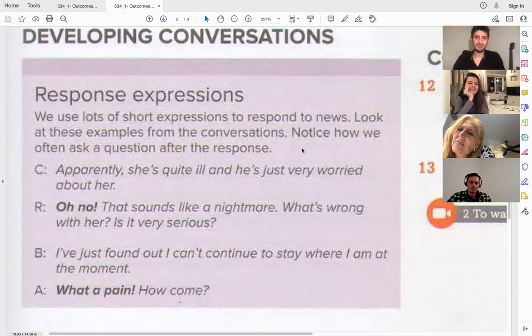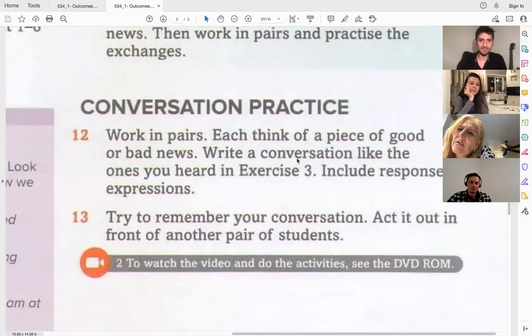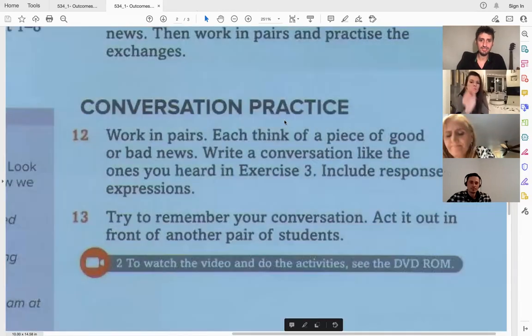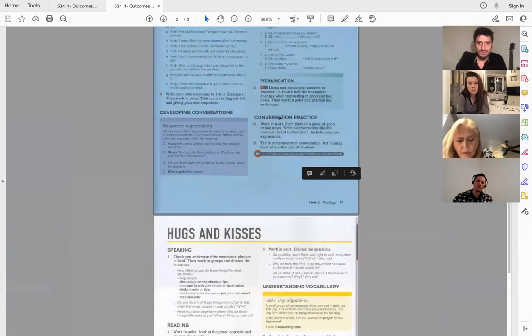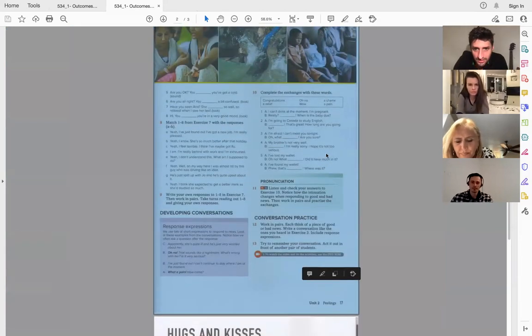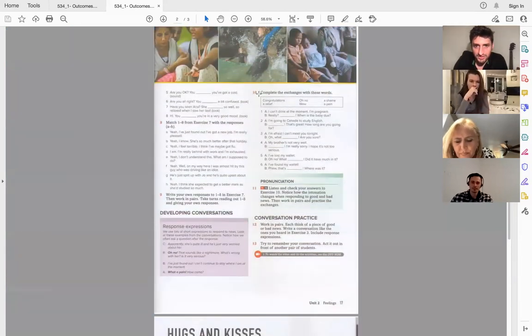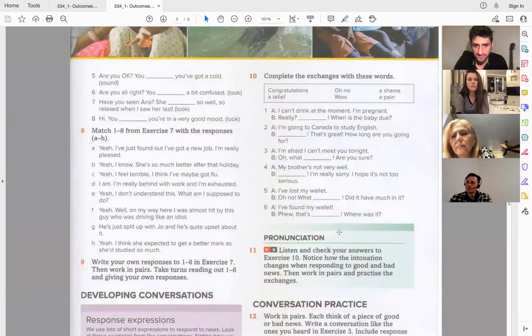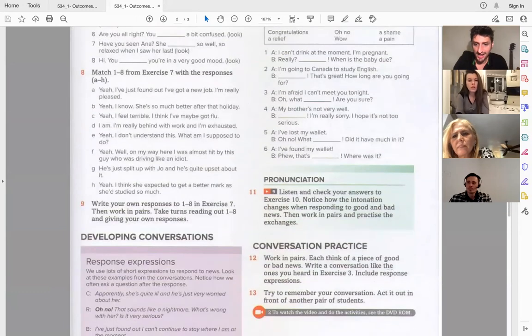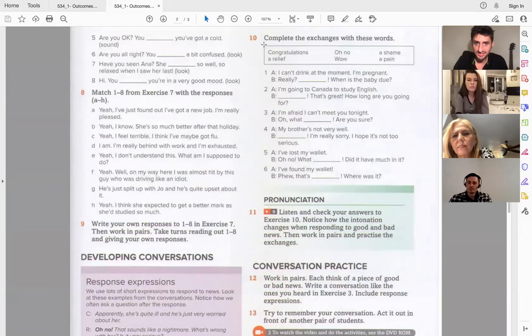Okay, good. So now I think we're going to practice this right here. So these are some expressions that you can use for these situations. Then we're going to practice giving good and bad news. But first, these are some exclamations that go in the blank.